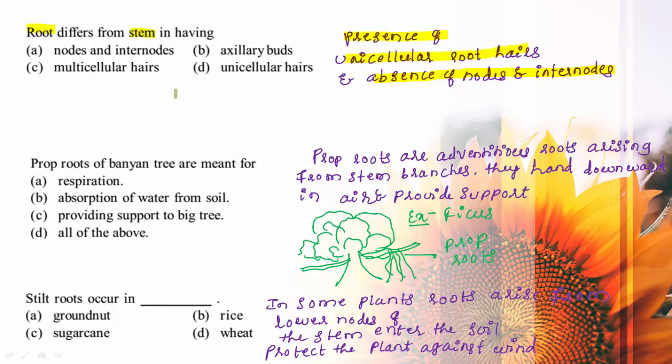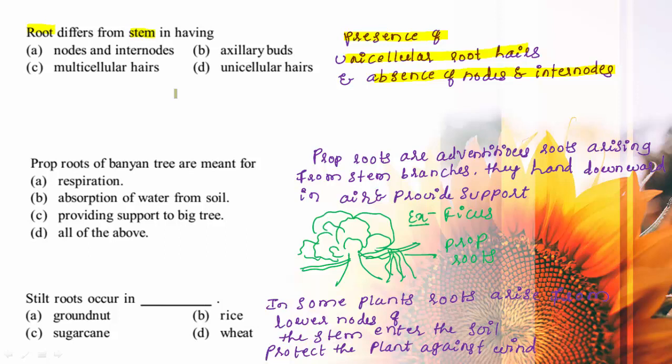The root arises from the radicle part of the embryo and stem arises from the plumule part of the embryo. Both of them are present in the plant body itself, but the difference is that root contains unicellular root hairs and root is not characterized by the presence of nodes and internodes.